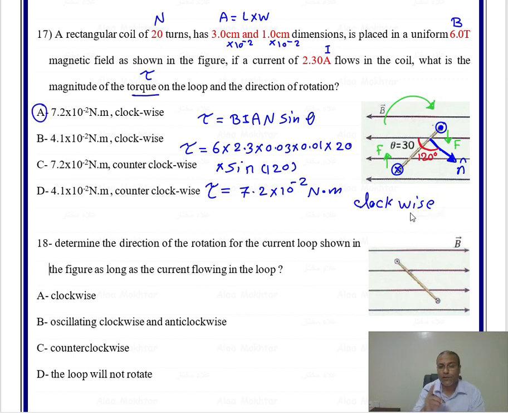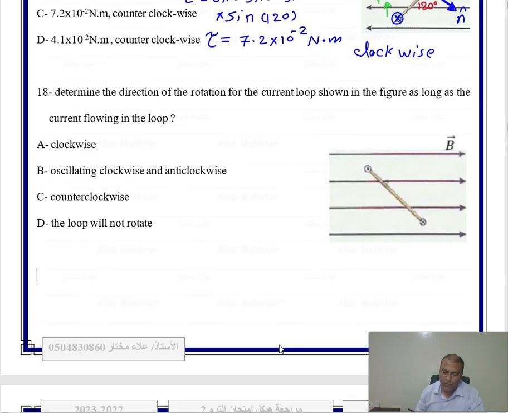The direction of rotation, not the direction of torque, okay? In this question, it asks about the direction of rotation also. Determine the direction of rotation for the current loop shown in the figure. The dot is out of the screen, my thumb out, and my fingers refer to the right side with the magnetic field.